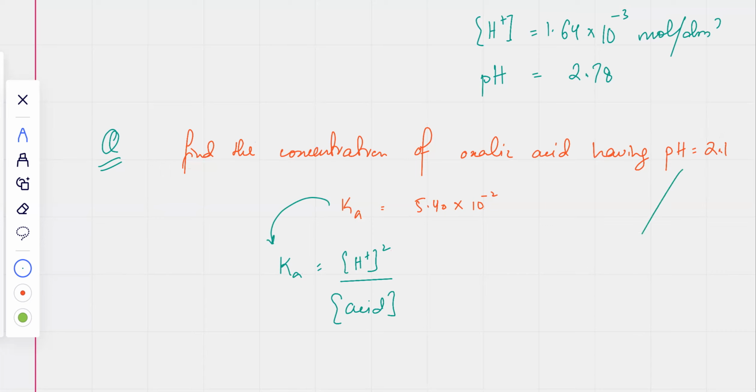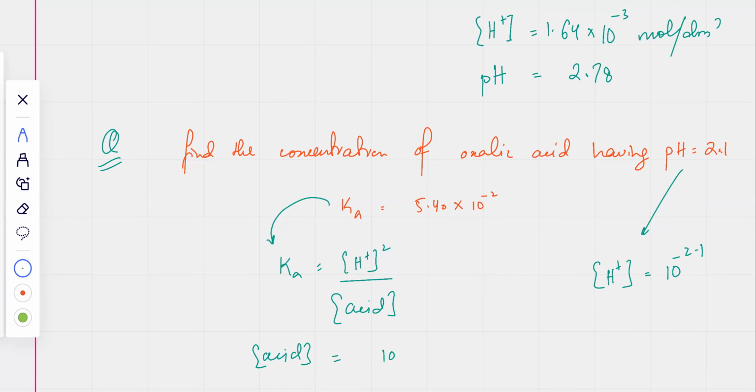How do you take the anti-log? 10 to the power of minus 2.1. So just plug in those values. I'm going to rearrange this and bring the acid to the top, because we're trying to find the acid concentration.